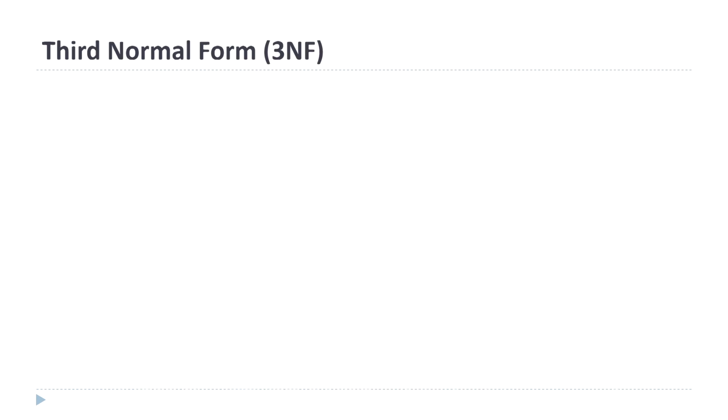So, now we move to the third normal form, 3NF. Our first step is apply 1NF, second step is apply 2NF, and now the third step is apply 3NF, which we need to learn at this part.